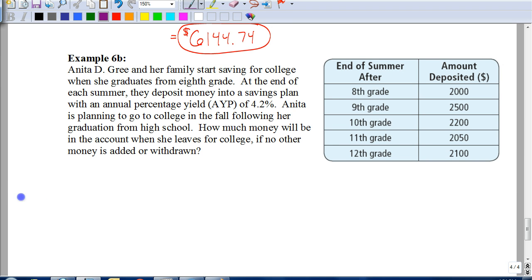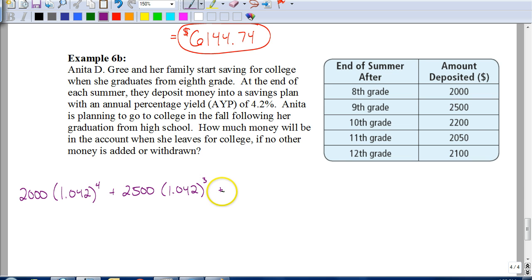So your principal would be $2,000 times 1 plus the rate. Again, we would take 0.042, so it would be 1.042, to the time. Again, this is going to sit in there for 4 full years, plus the next dollar amount, which would be $2,500, times 1.042.